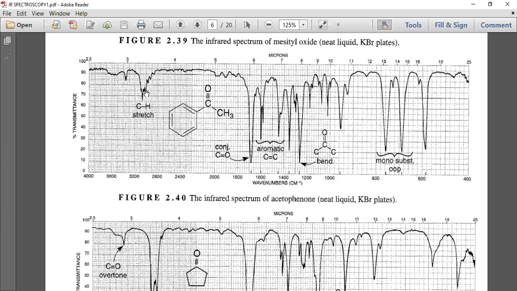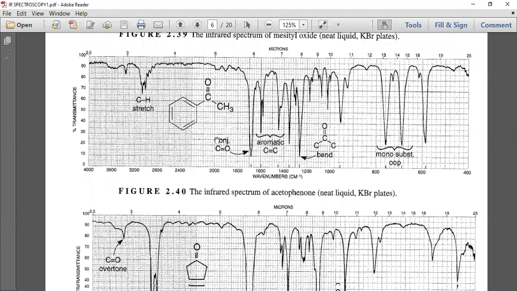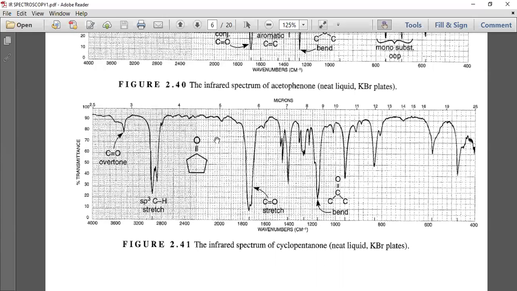Aliphatic is also there, so it will appear less than 3000, aromatic more than 3000. When we look at the cyclohexanone, 1720, then aliphatic CH stretching, carbonyl overtone. As I said, just ignore the other bands.